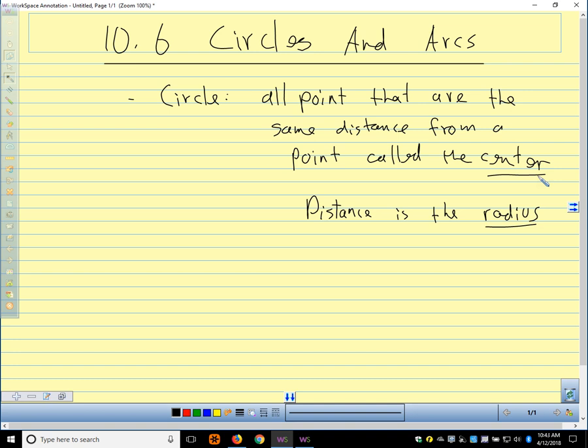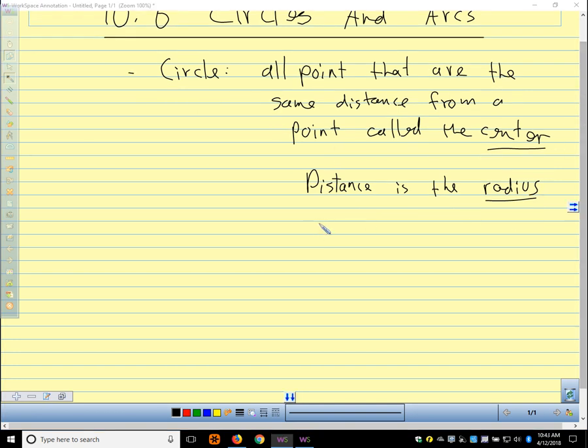And when we go into a little more detail, we'll talk about how the distance formula is related to the equation of a circle. All the way across the circle, from one side of the circle through the center to the other side, what do we call that?